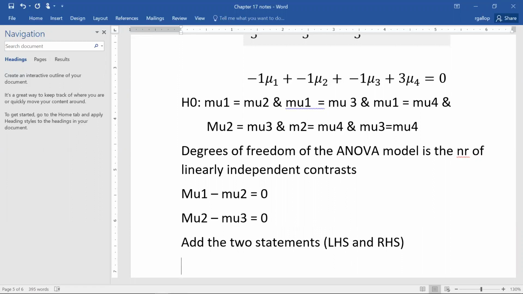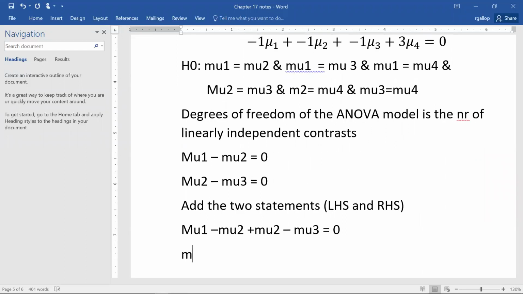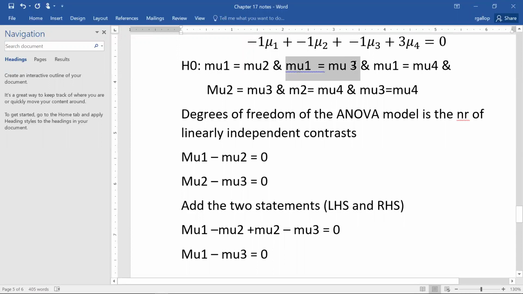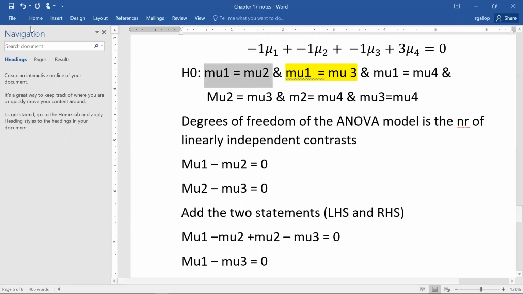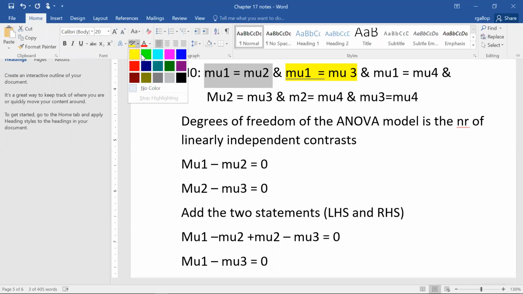You add these two statements together, you get mu1 minus mu2 plus mu2 minus mu3 equal to 0. And mathematically, that's it. So the mu1, mu3 comparison we see right here is not linearly independent from these two statements there.